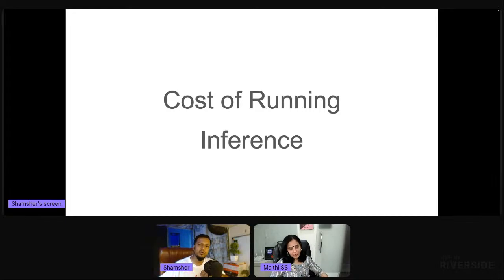So the more parameters you see on the large language model, it means that it's more efficient and will be able to predict your next text much better than the small language models, like 7 billion or 3 billion or 1 billion parameter models. So all of these parameters are basically this text which the LLMs are trained on.